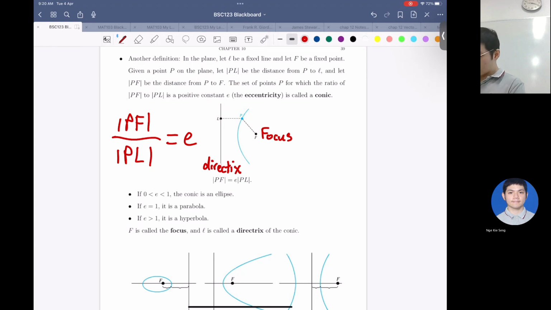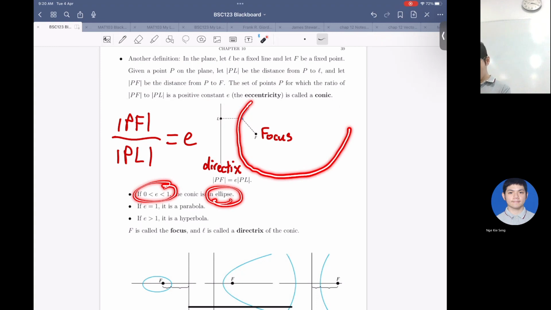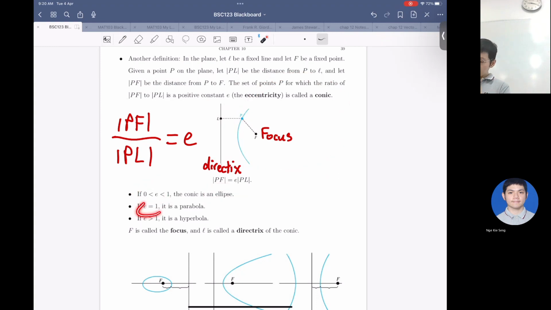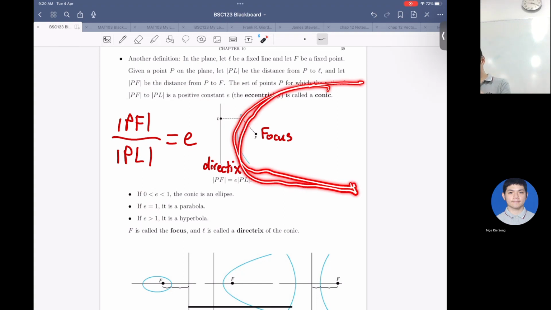If it is between 0 and 1, then the points will form an ellipse. If the ratio is 1, that means it's equal distance from the focus, also equal distance from the directrix, the fixed line, then it is a parabola. So you will form this infinitely extending parabola.